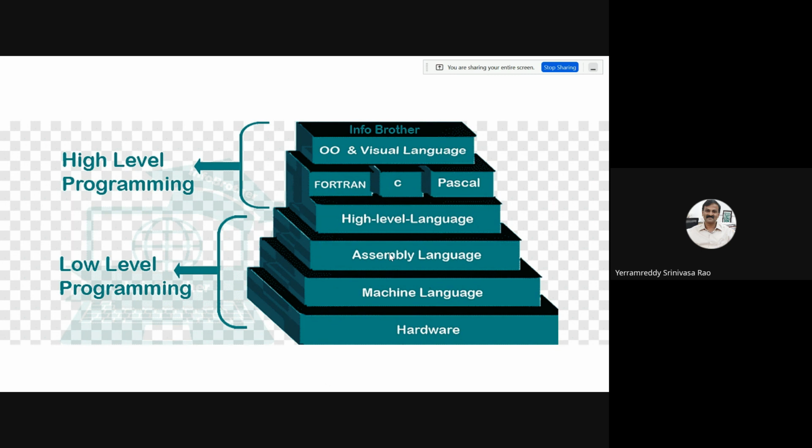Assembly is slightly better. I have used assembly language for about 20 years, from 1985 to, I would say, 2006. Even today we use it undoubtedly. Assembly is a reasonably better language. People have used it for 30, 40 years.